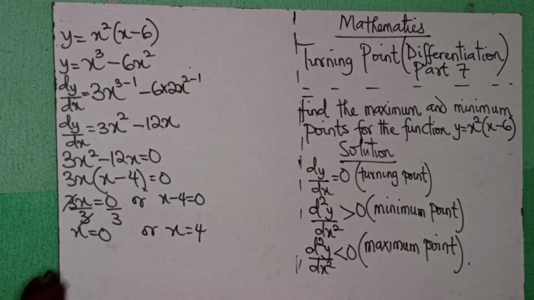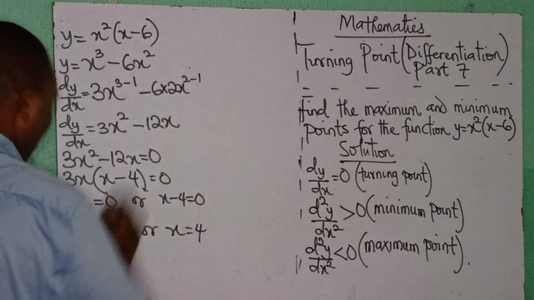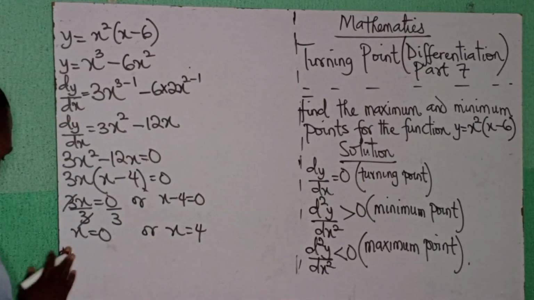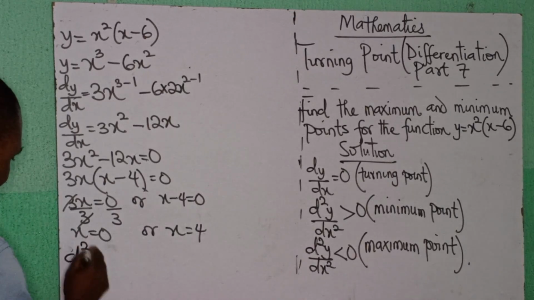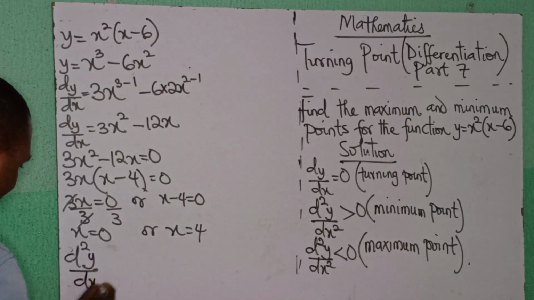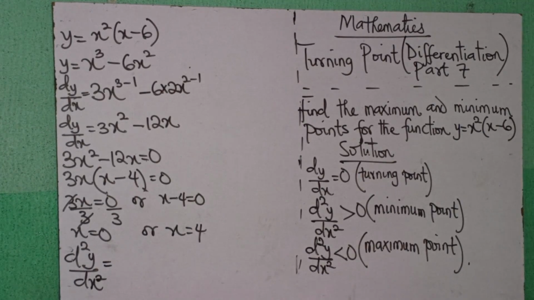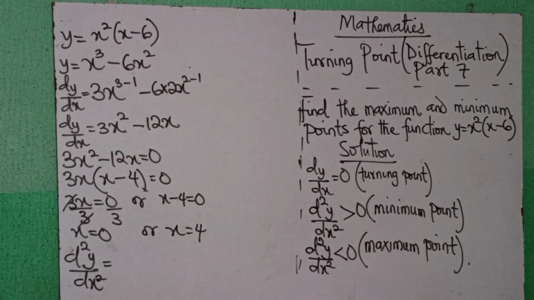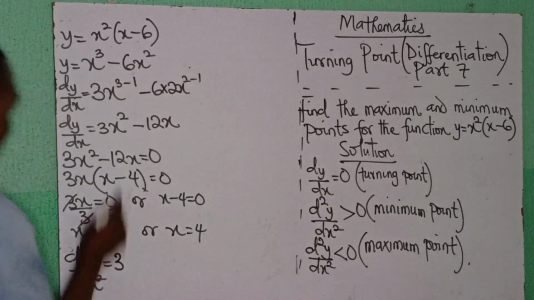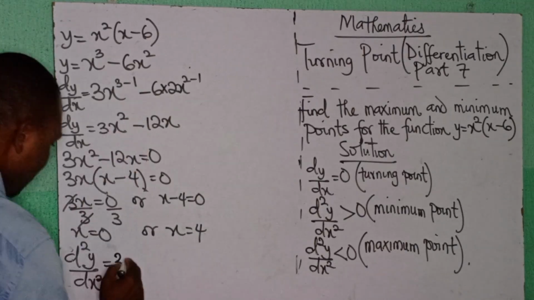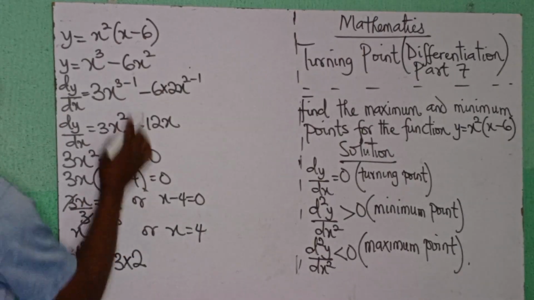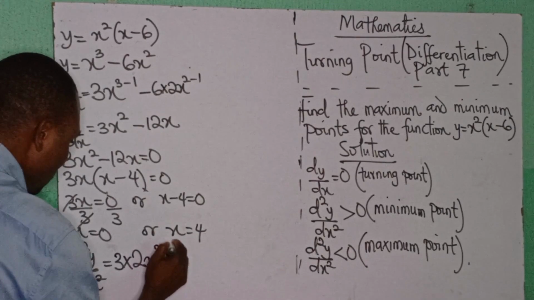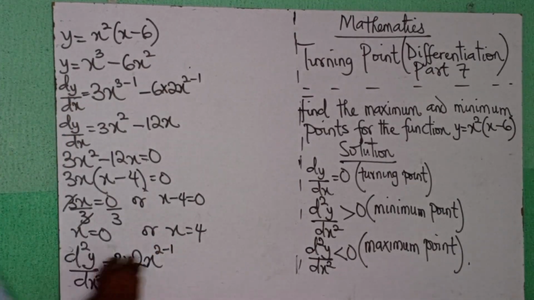Now we are going to differentiate for the second time. That is the meaning of the second derivative. So let's differentiate this one again. That will be 3, highest power of x is 2. You bring it down, and you write x squared again, and then you subtract 1.